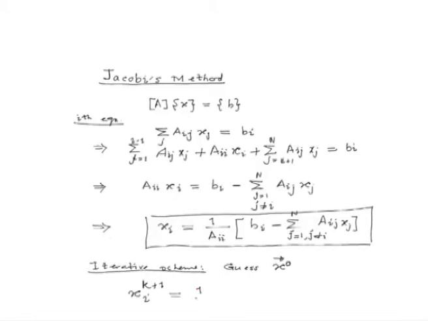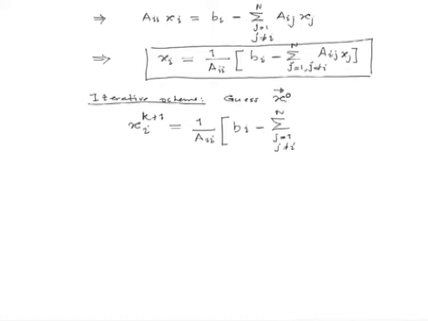This can be computed using the values at the previous iteration: 1 by a_ii (b_i minus sigma j is equal to 1, j not equal to i, to n a_ij x_j^(k)).